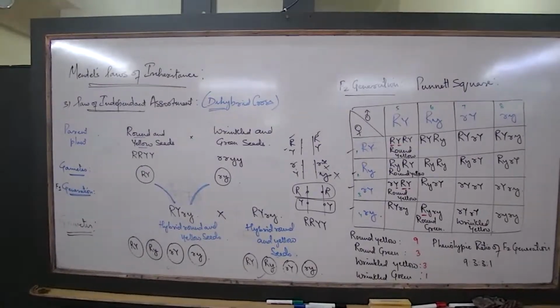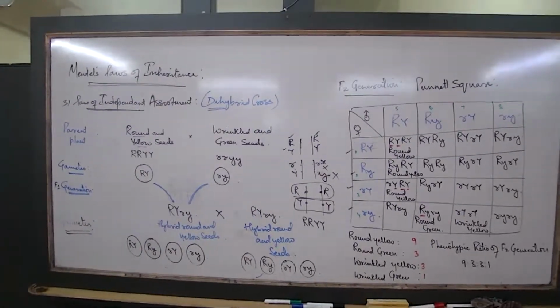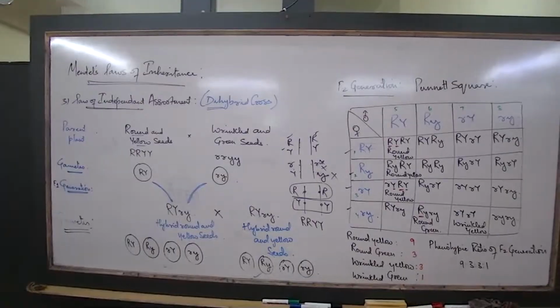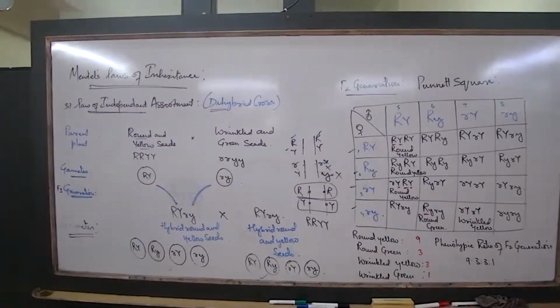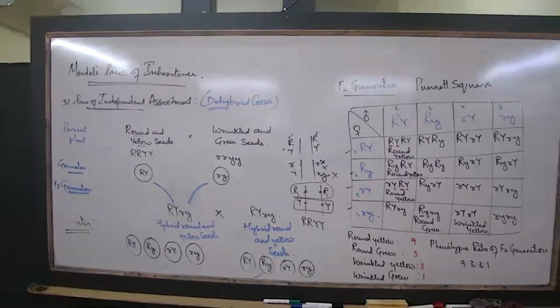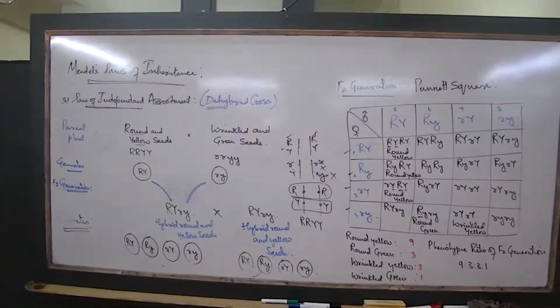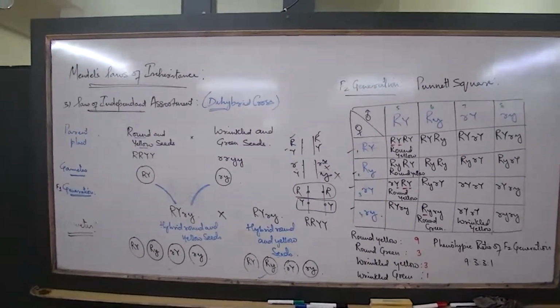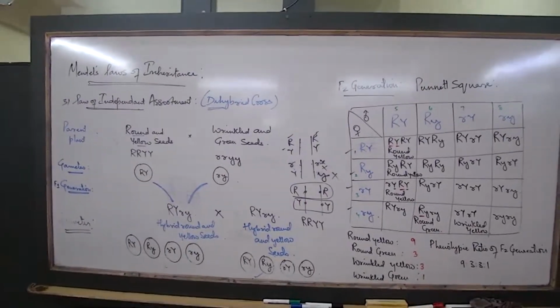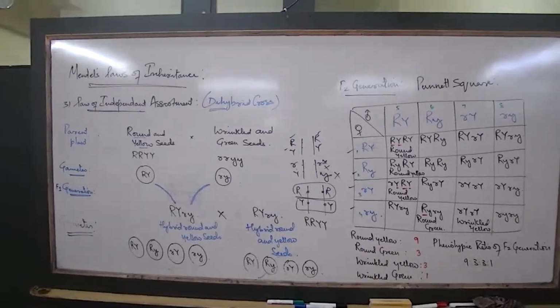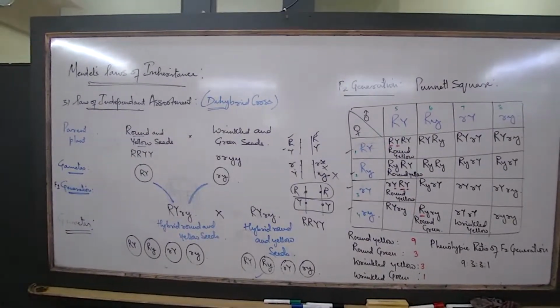75 F1 plants are obtained. Full stop. The F1 plants are selfed. Get acquainted with this word. This word is also there in your paper, so as not to get confused. Self means this process of pollination, breeding.